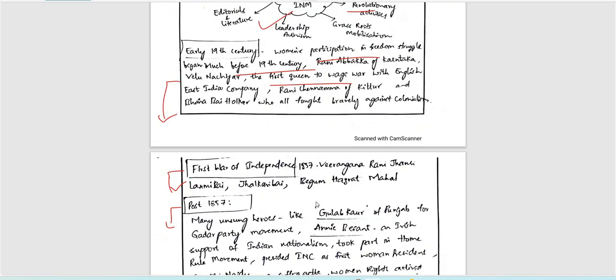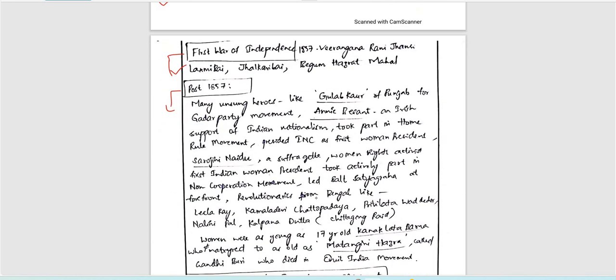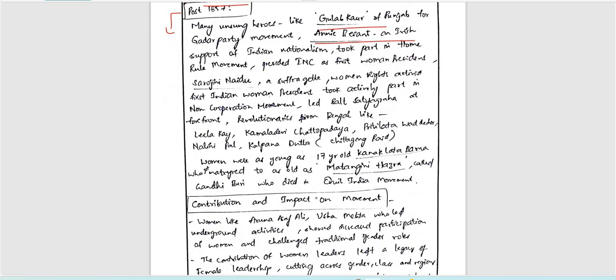Next, early 19th century and also the first war of independence, we have Virangana Rani Jhansi Lakshmi Bai, Jhalkari Bai, Begum Hazrat Mahal, etc. Examples included. Post 1857, Gulab Kaur of Punjab and Annie Besant as examples. Very good. Next, Sarojini Naidu also included here, the first Indian woman president, who took an active part in the non-cooperation movement also.